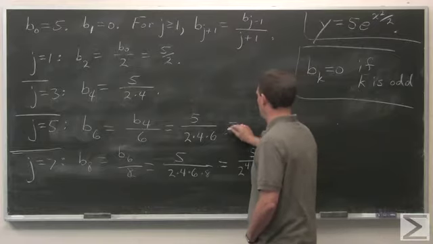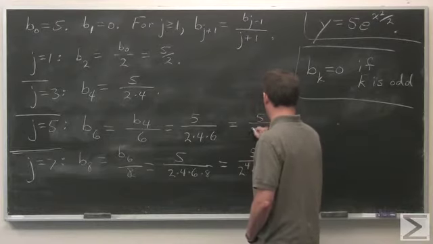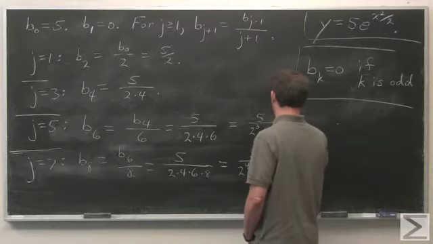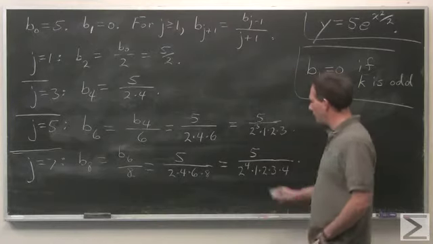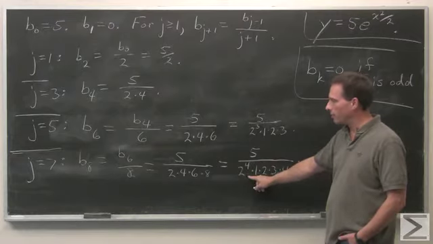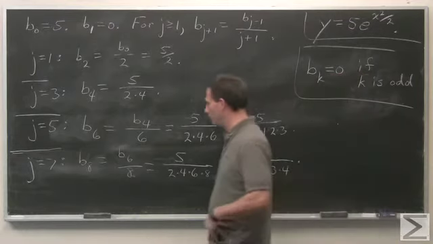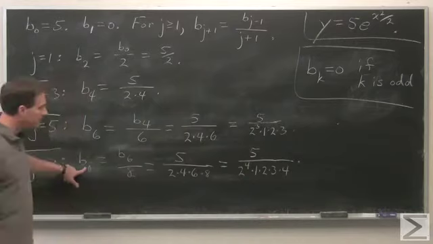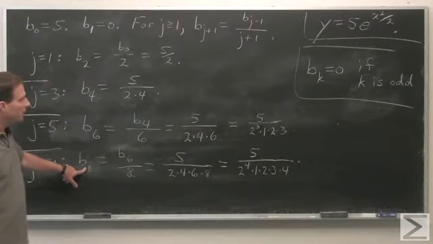Well, this was 5 over 2 cubed times 1 times 2 times 3. And in general, the numerator is always 5. The denominator is powers of 2. What power of 2? Half the index. And then you've got half the index factorial.